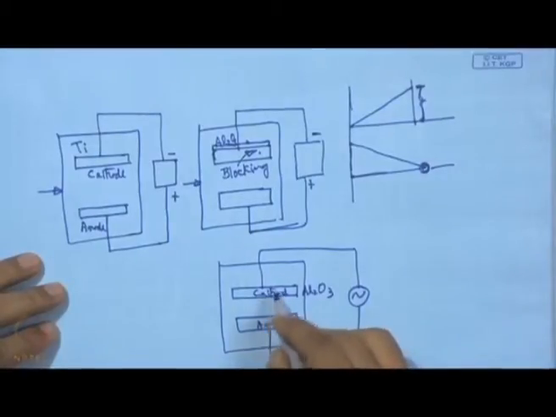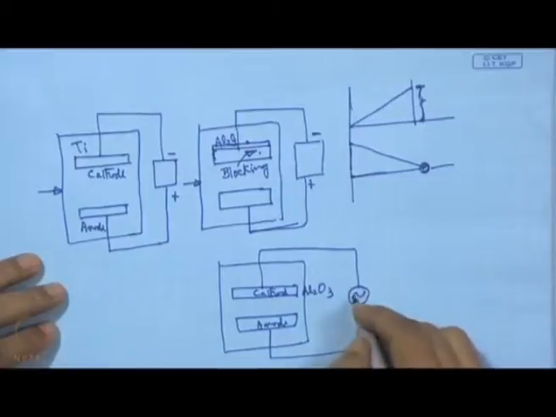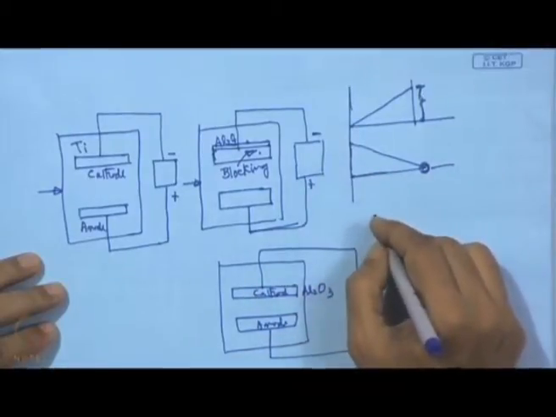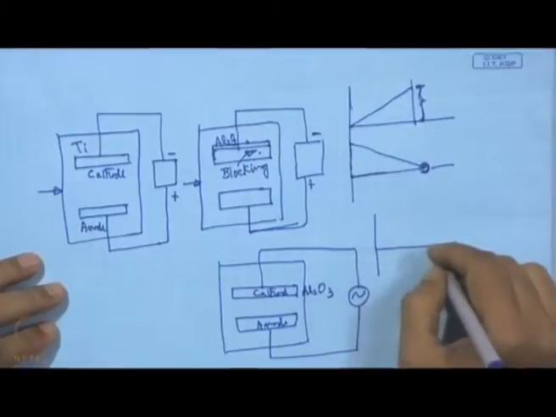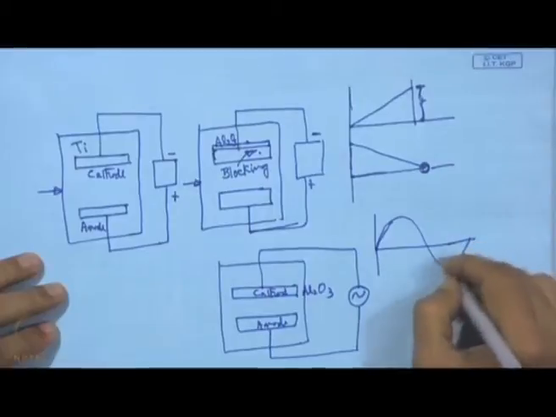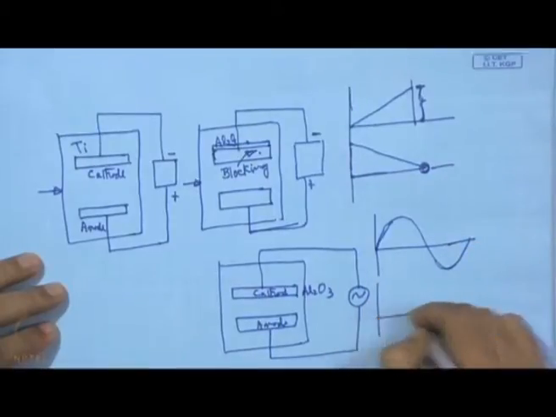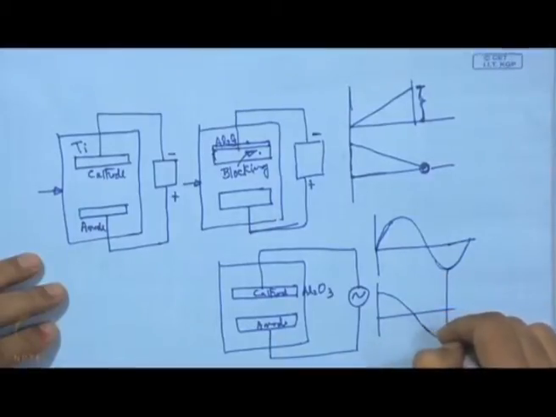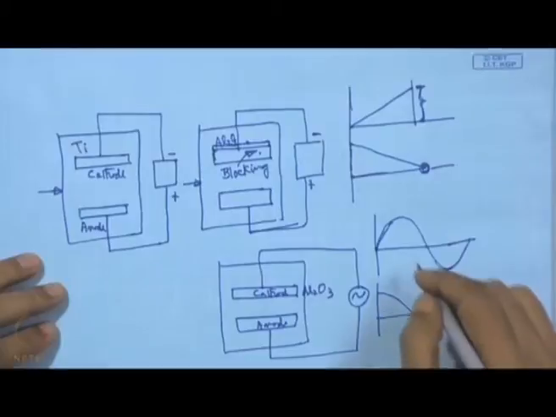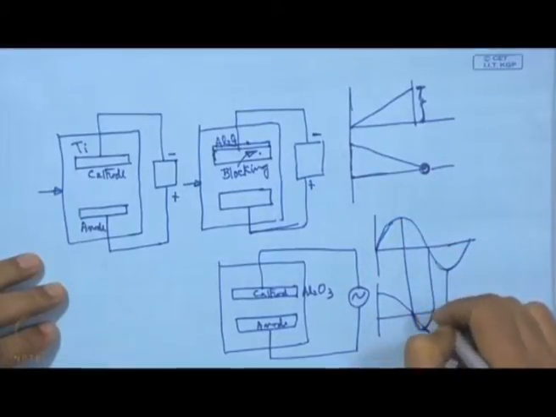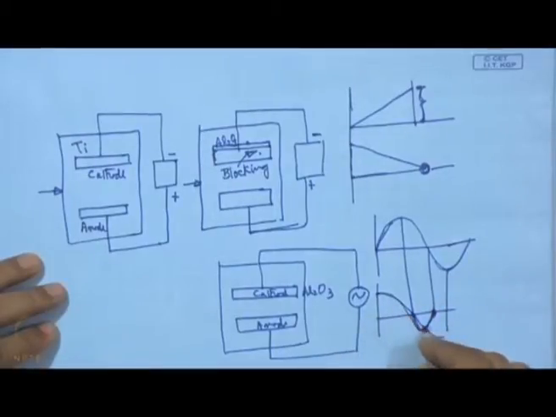Normally, when a capacitor is coupled to an alternating supply, if the sinusoidal voltage follows a sine curve, then we have a current like this, and it is going to be maximum at this point, and it will follow this particular form.